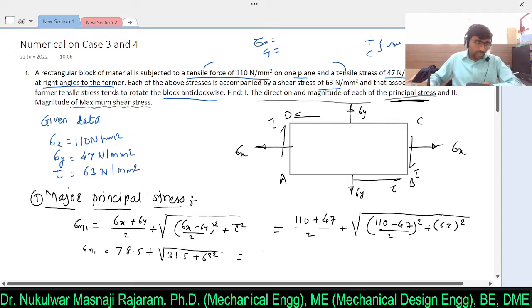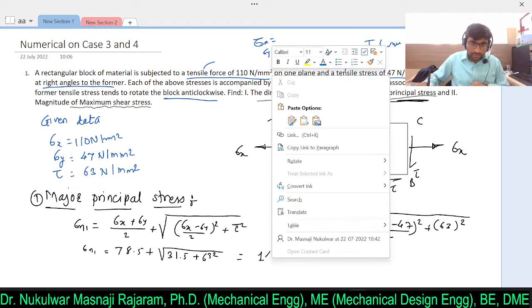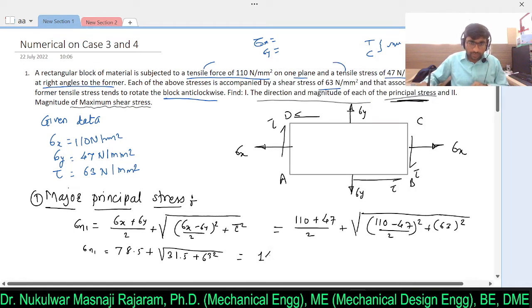So this value is near about 148.936 Newton per mm square. All the details are given in Newton per mm square, so no need to convert any unit. So this is the value for major principal stress, 148.93 Newton per mm square.